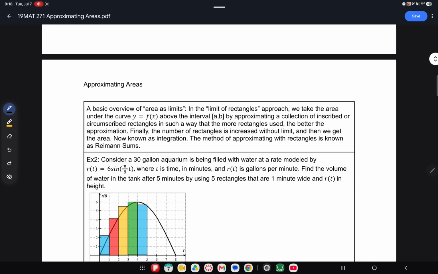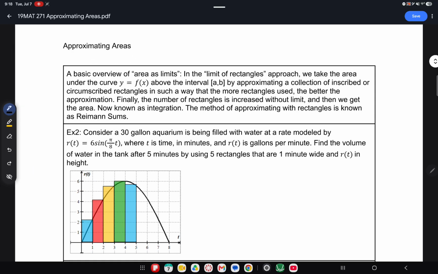So we can think of these areas. A basic overview of doing these areas is we can do these areas as a limit. I've been making those rectangles. So in the limit of rectangles approach, we take the area under the curve within a certain interval by making a bunch of rectangles. And they're either inscribed or circumscribed to the curve, right? And the more rectangles we use, the better the approximation is.